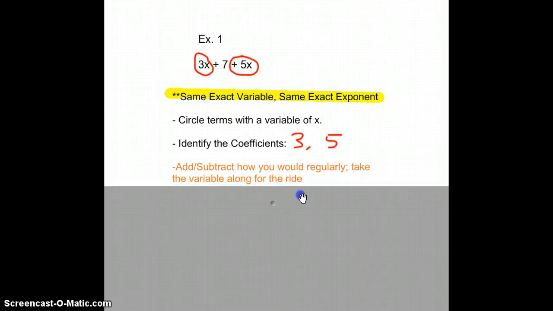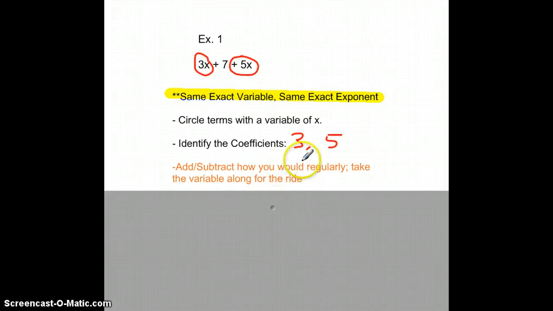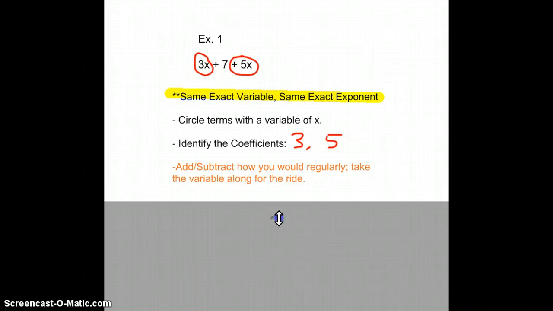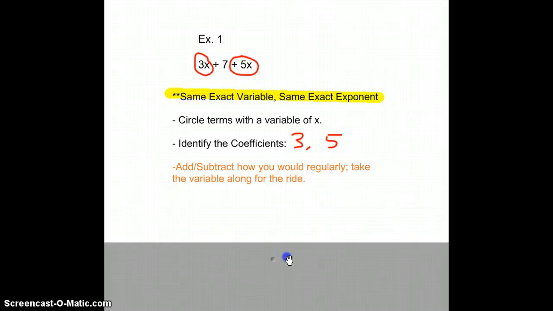Now, when we combine like terms, we're just going to add and subtract as we would regularly, and we just bring the variable along for a ride. So we've got 3 plus 5. Just add and subtract how you regularly would. 3 plus 5 is 8. And just carry that variable with you for the ride, so 8x.